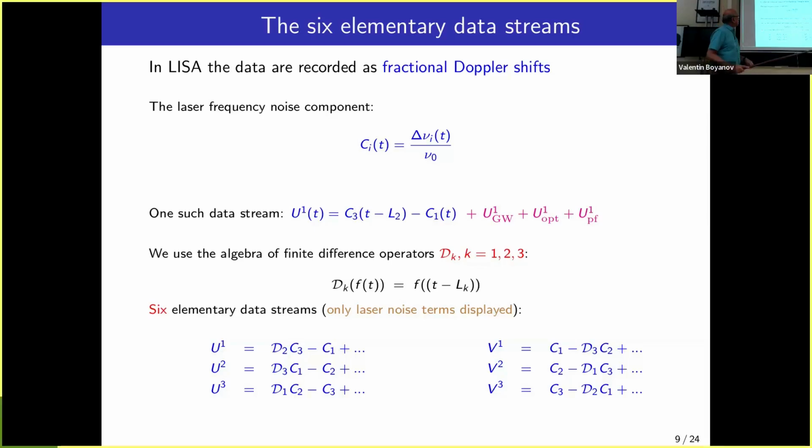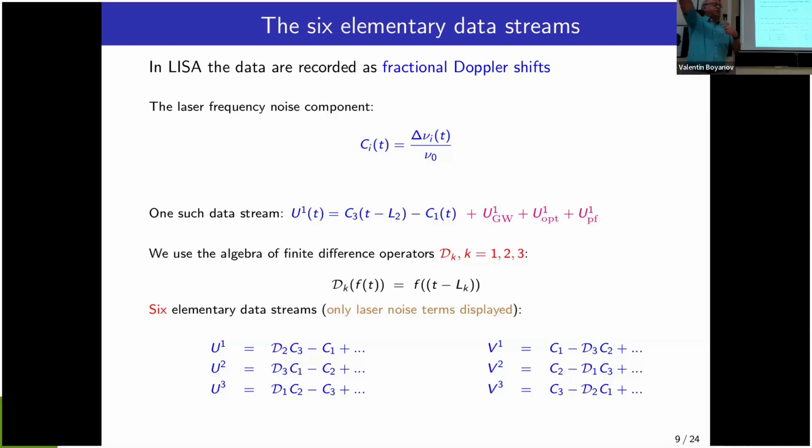Those are the operators D_k. Then you can write U1 as D2C3 minus C1, and so on. I don't care about the other terms, so I have not written them. And V1, V2, V3 are there. So these are all only laser frequency noise terms, and those are the ones which we want to cancel.